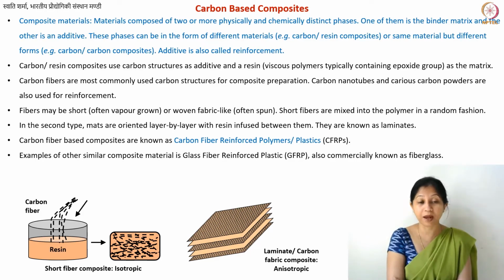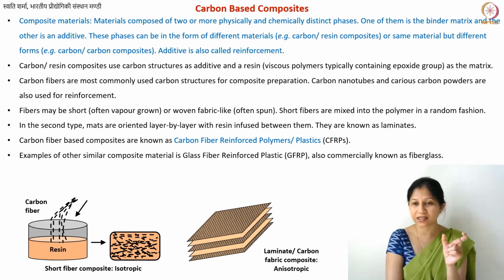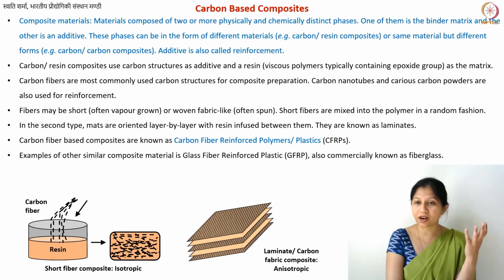Some very common examples of manufacturing using these CFRPs and GFRPs is wind turbine blades. So wind turbine blades even today are mostly made of glass fibers, GFRPs. GFRP also is commercially known as just fiberglass. So the actual technical term is glass fiber reinforced plastic, but people just call it fiberglass.